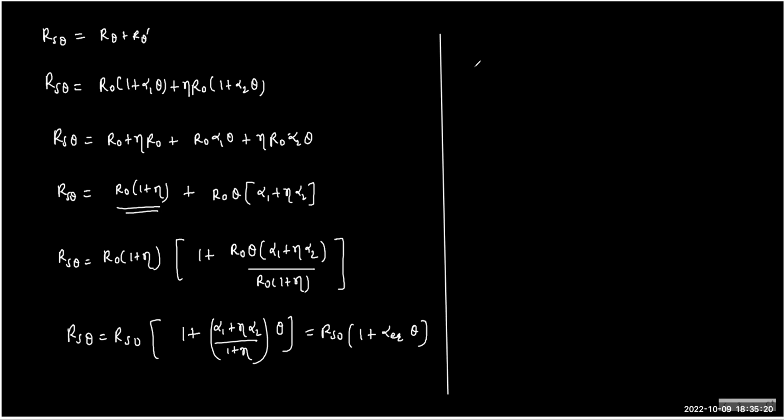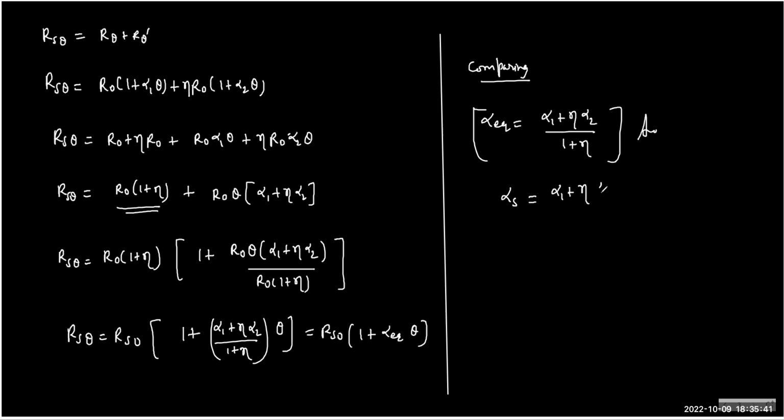Then you can say, comparing, the alpha equivalent turns out to be how much? The alpha for the series will be alpha 1 plus eta alpha 2, divided by 1 plus eta.